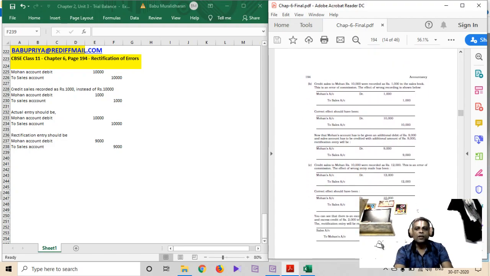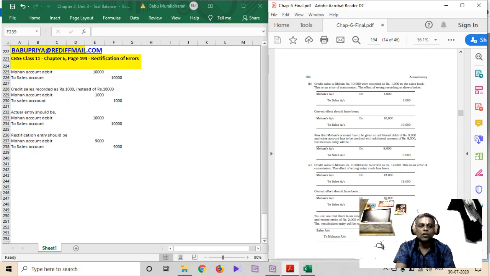There is another way of doing it. Reverse the original entry by debiting sales and crediting Mohan account, and then process a fresh entry for 10,000 rupees. This is also another way of doing it: reversing the original entry that got processed incorrectly and then processing the correct entry.